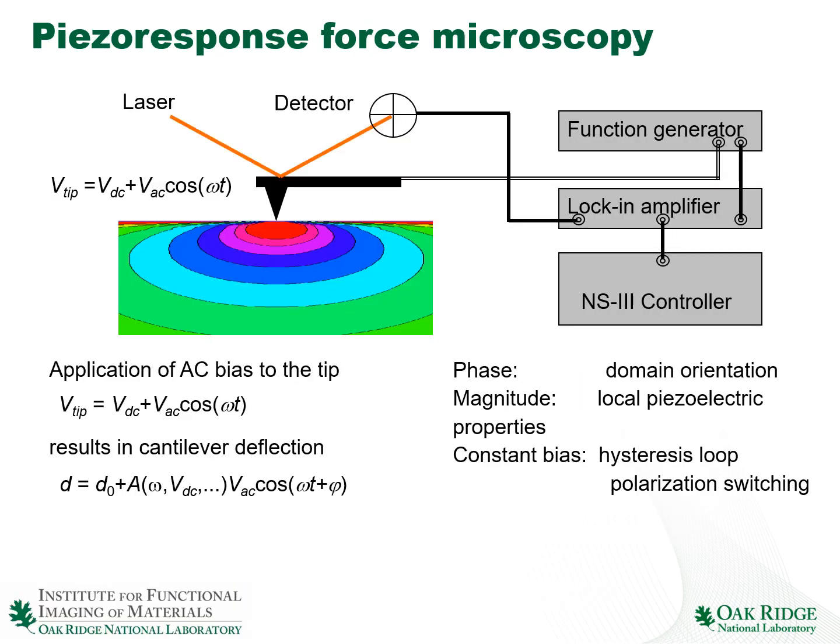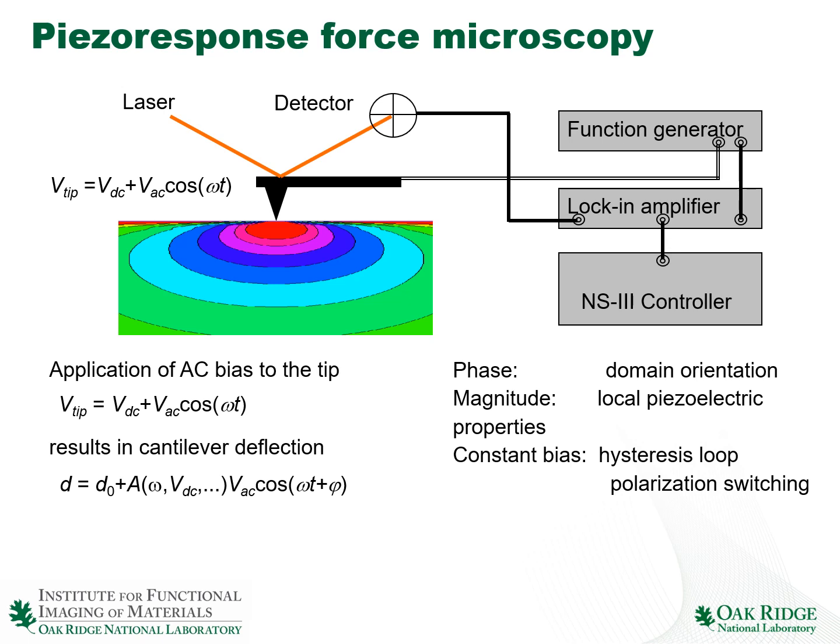Practically, the implementation of PFM is of course slightly more complex, so we also need to have the proper data generation, and this is how the PFM setup looked about 20 years ago. At that time we had the AFM setup and the external function generator.